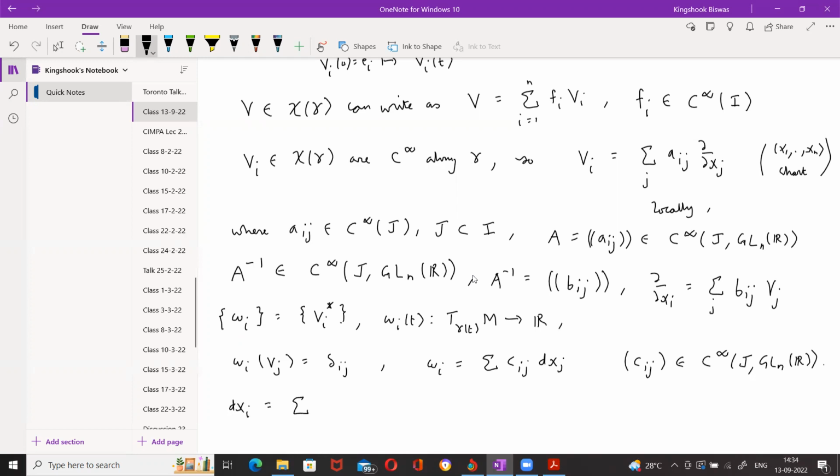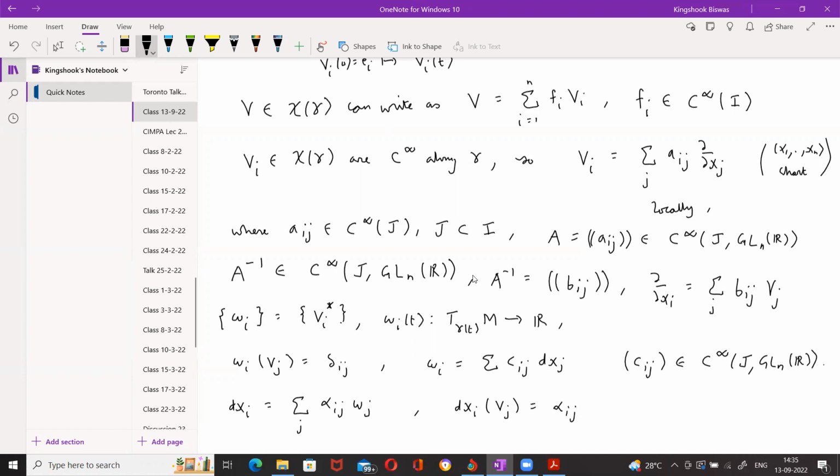Yeah, the other way is better. So if I write dxi in terms of the omega i's, dxi is say some alpha ij omega j. Right. And then how do I get alpha ij? I act dxi on vj. Exactly. So dxi acting on vj is going to be alpha ij.